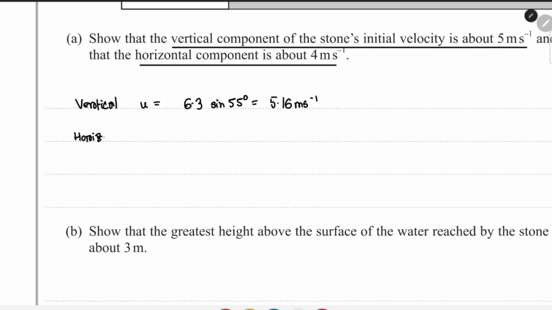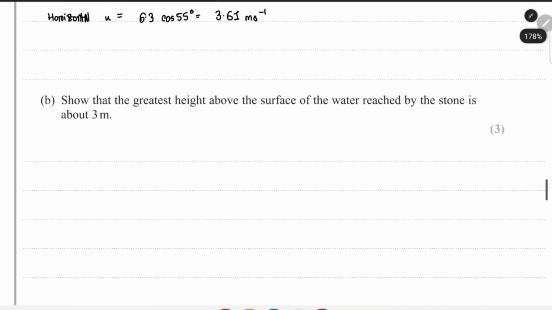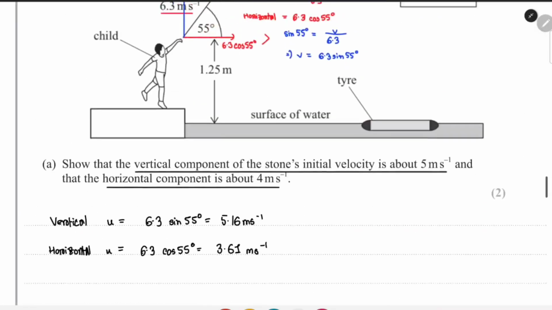Horizontal initial velocity is 6.3 cos 55, which comes out to be 3.61 meter per second. Now I want to find the greatest height above the surface of the water reached.